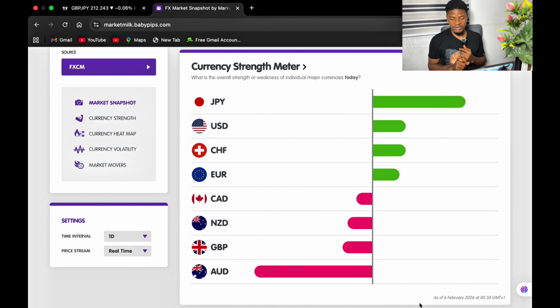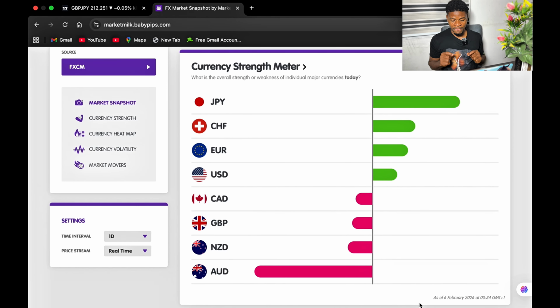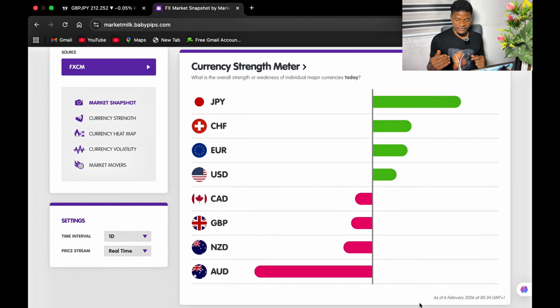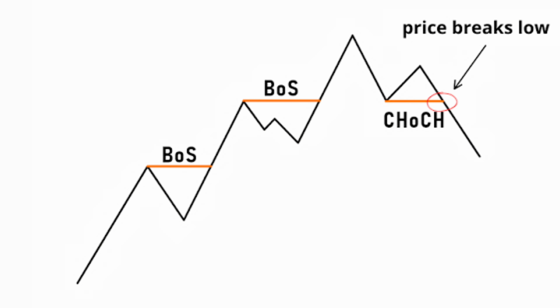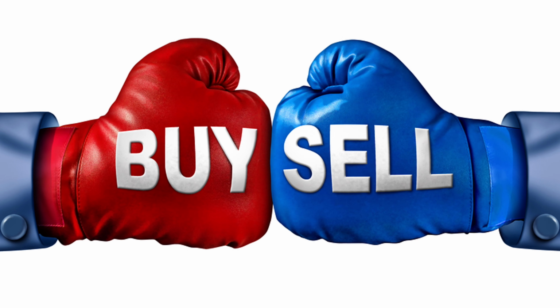Once the market takes out the previous high or low, it could be like 3 previous highs or 2 or 3 previous lows, then we wait and go down to the 1 minute or 5 minute time frame for a market structure shift, which is like a change of character. Then after you've gotten your change of character, that is when we enter the market. We either buy or we sell.